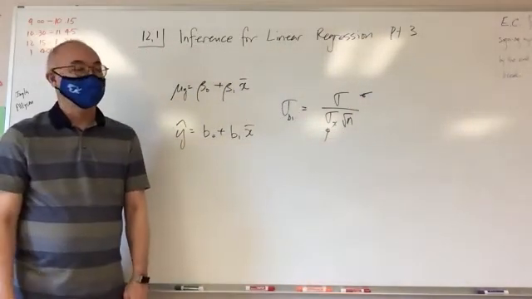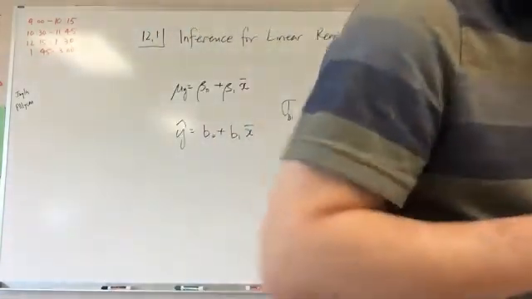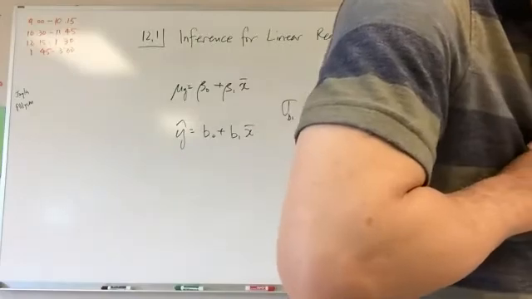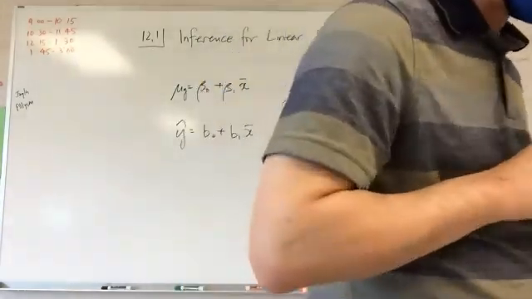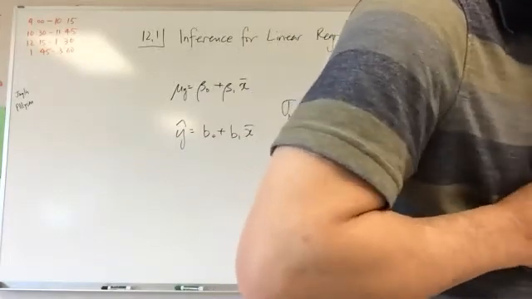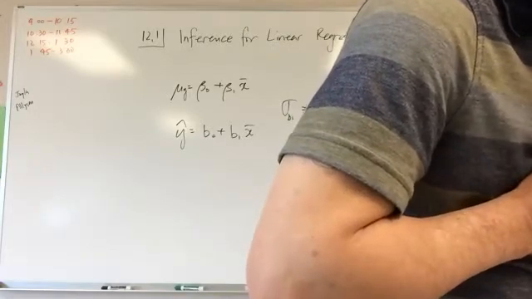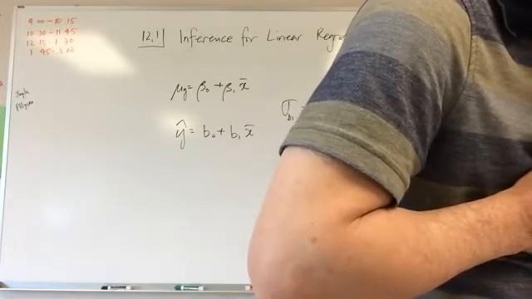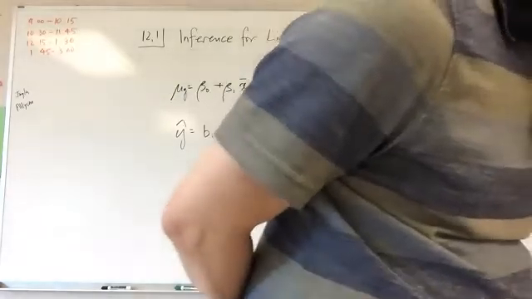You do not know this, neither do we know this, really. So the way the book gets around this problem is in the middle of page 777. The paragraph says, in practice, we don't know sigma for the true regression line. So we estimate it with the standard deviation of the residuals, which is S. We also don't know the standard deviation for this guy down here, for the population of the X values.